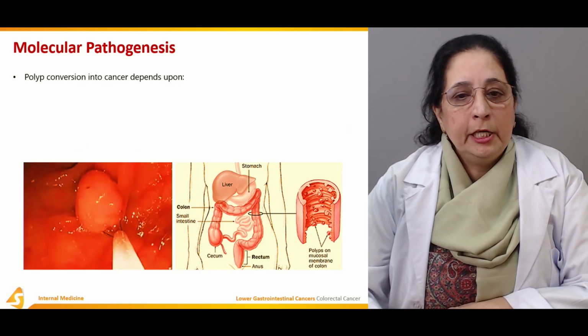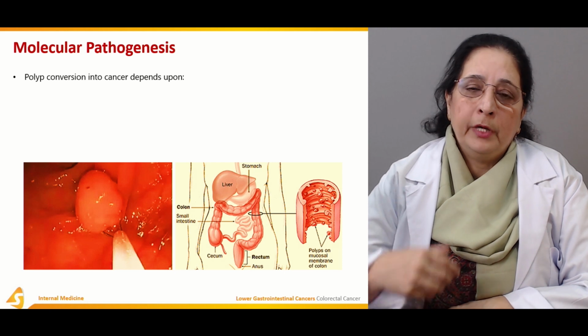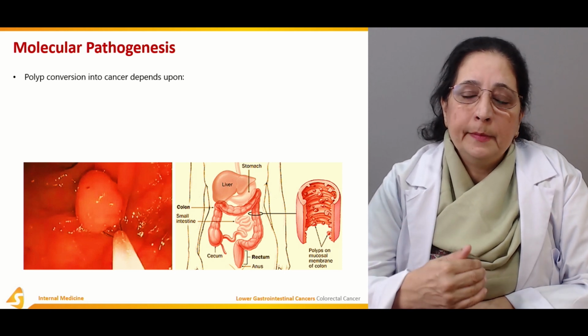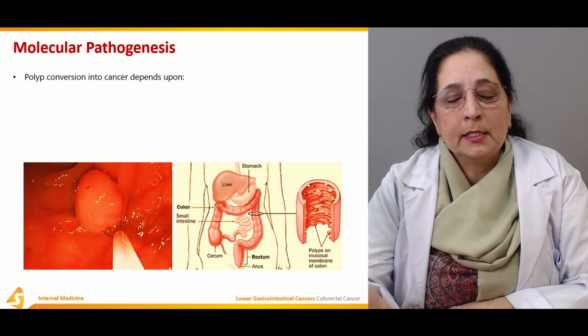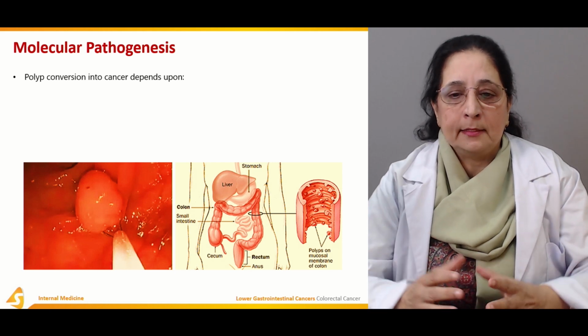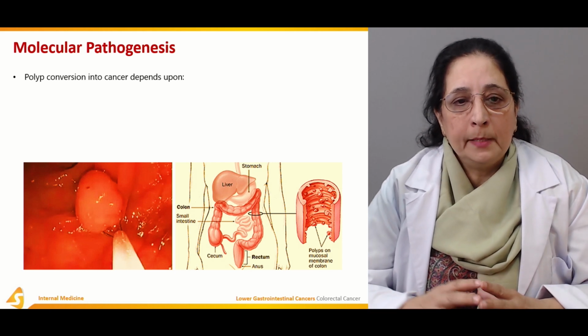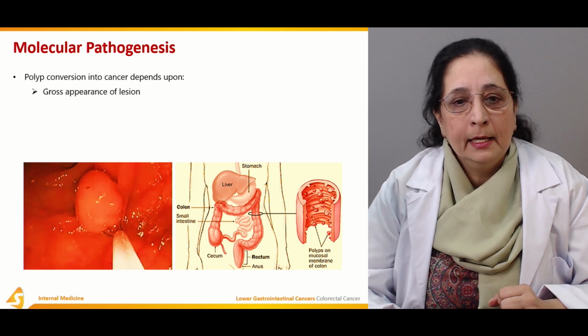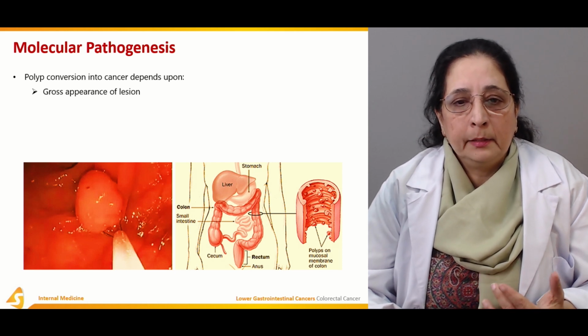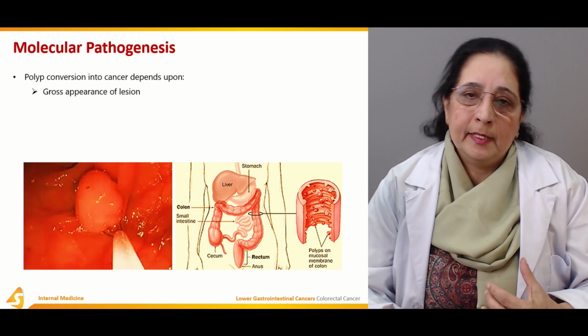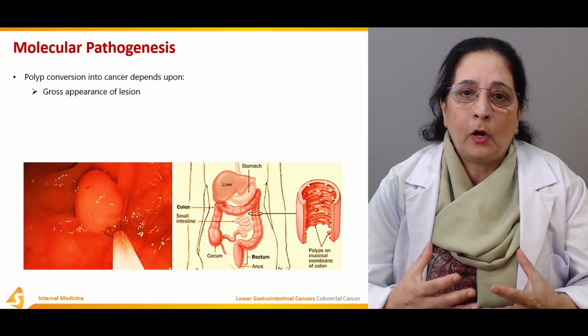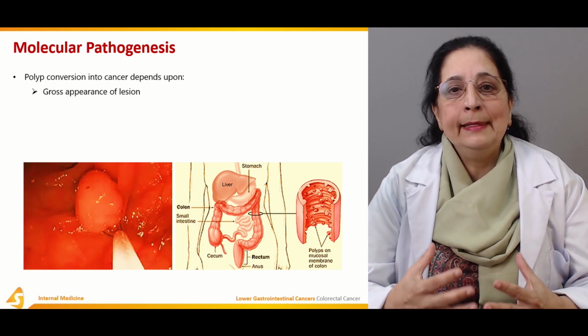Polyp conversion into cancer. We already mentioned that polyps can progress or develop into cancer, and this conversion mainly depends on the gross appearance of the lesion, how the polyp looks with the naked eye.